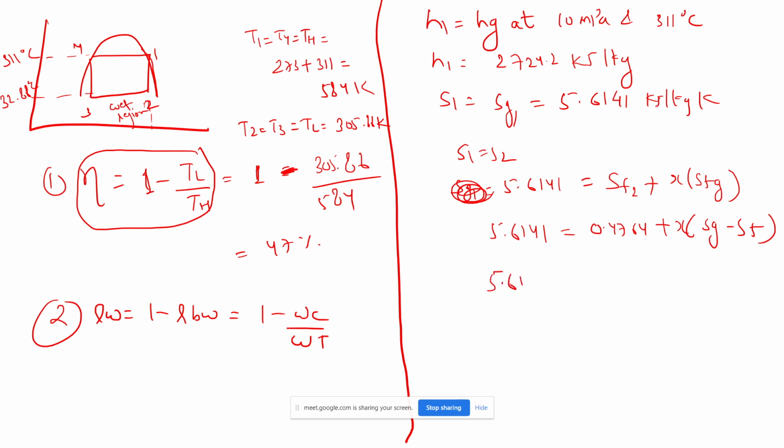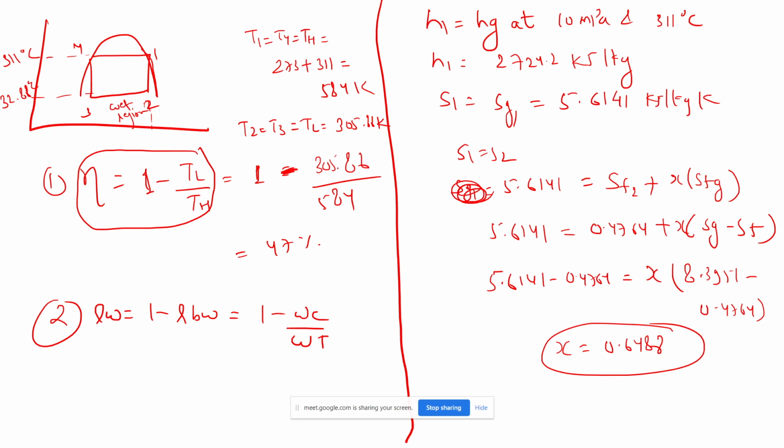So 5.6141 minus 0.4764 is equal to X into, what is the value of Sg? 8.3951 minus 0.4764. From here, what do you get for the dryness fraction? 0.6488. Have you got that?